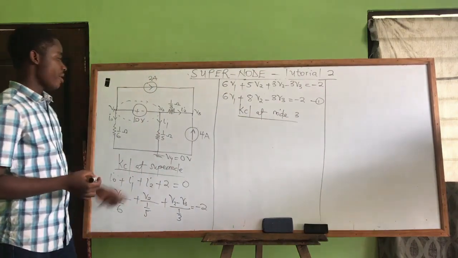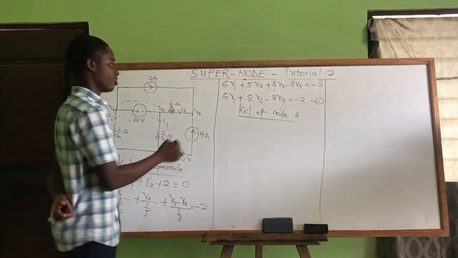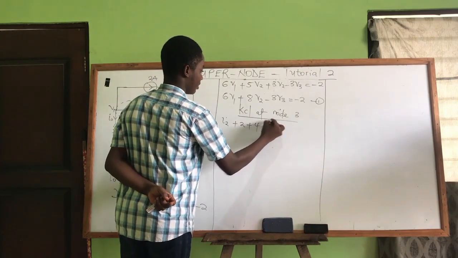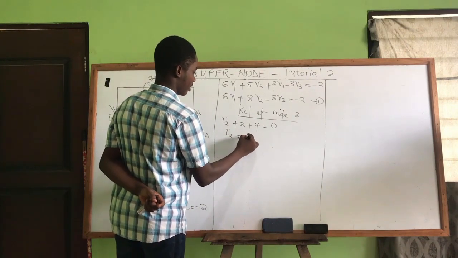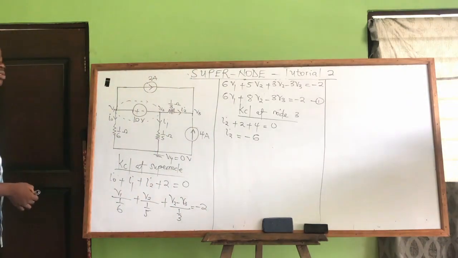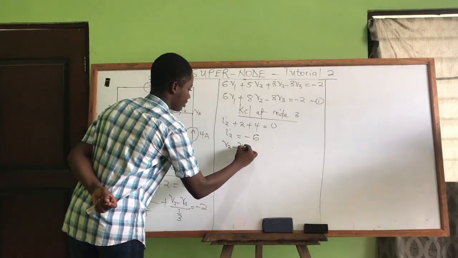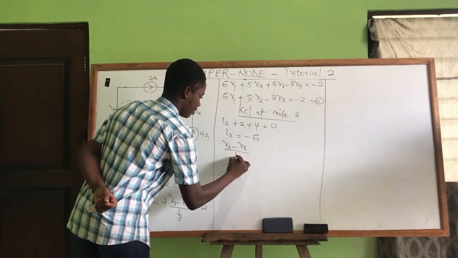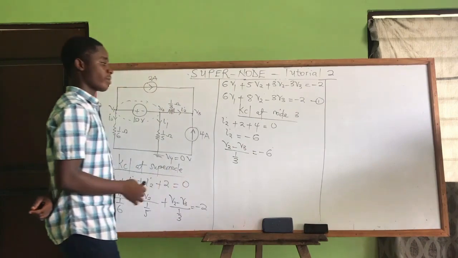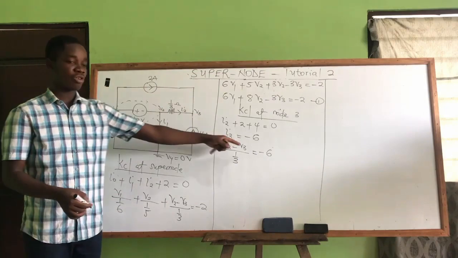At node 3, what do we have? We have I2 entering, 2 amperes entering, and 4 amperes entering. So I2 plus 2 plus 4 gives us 0, so I2 is minus 6. What is I2 in terms of node voltages? I2 is V2 minus V3 over 1/3, equal to minus 6.